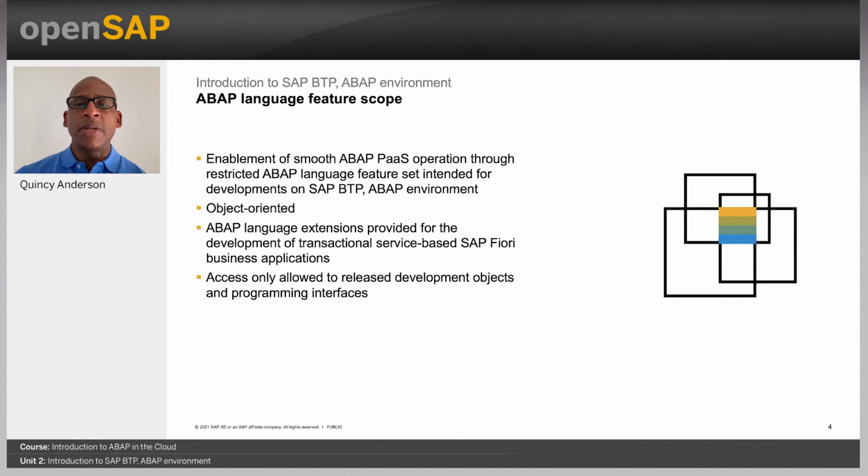SAP GUI cannot be used. And finally, 3. The ABAP language keyword set is restricted as compared to ABAP Classic. Almost all obsolete keywords are disallowed, and stricter syntax rules and checks are applied to all elements, including ABAP classes and ABAP SQL.